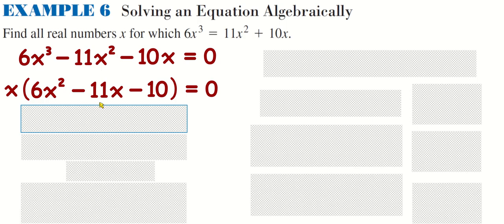And oh man, right out of the gate, a juicy one. When there's a number out in front, like this 6, unfoil, or factoring into two binomials, gets way more complicated, or at least a little more complicated, sometimes way more complicated.